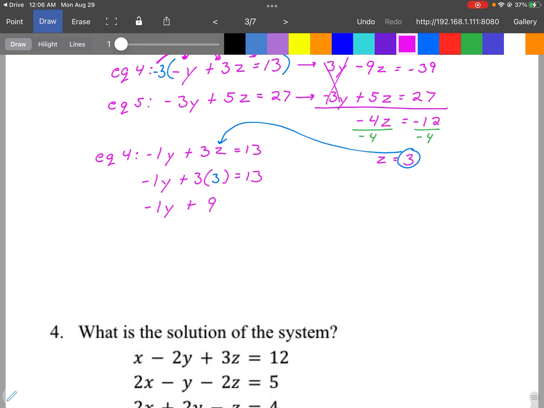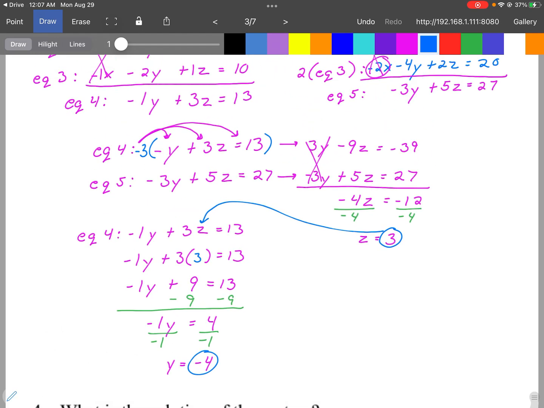All right, so this gives me negative 1y plus 9 equals 13. Then I need to subtract my 9, which is going to give me negative 1y equals 4. And then I have to get rid of that negative 1, so I divide. And that now gives me y equals negative 4. Okay, so now I have 2 of my answers. I have y, I have z, all I need now is x.